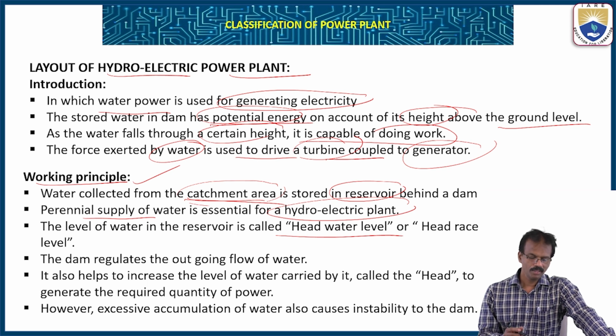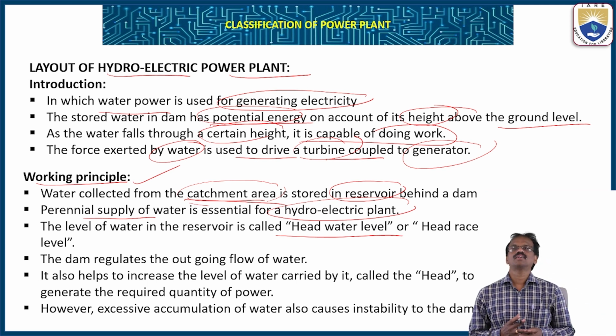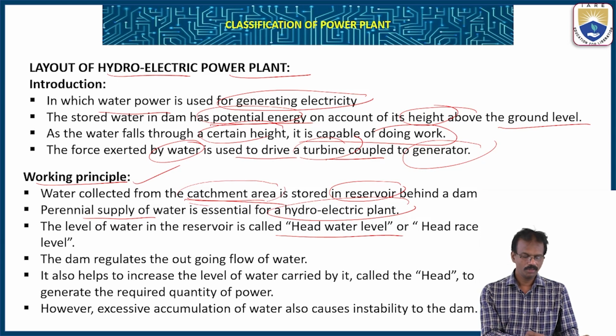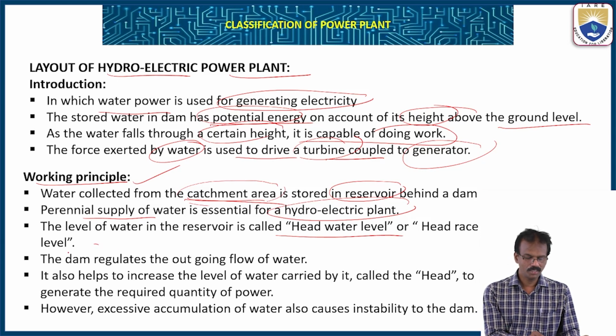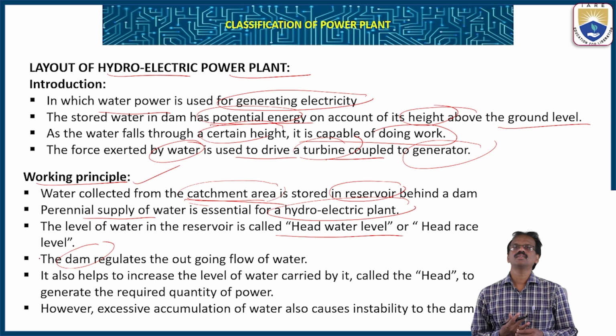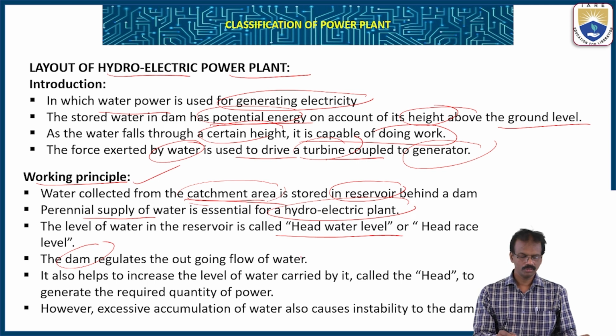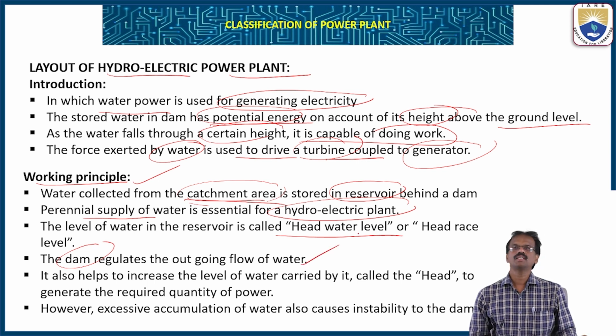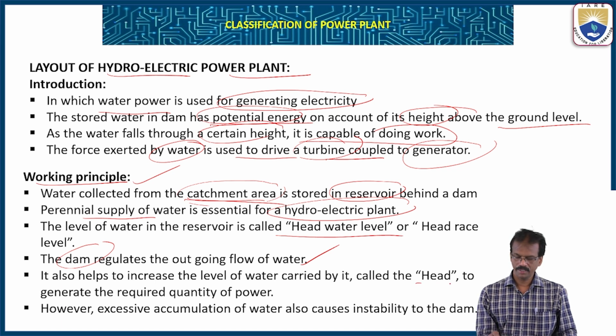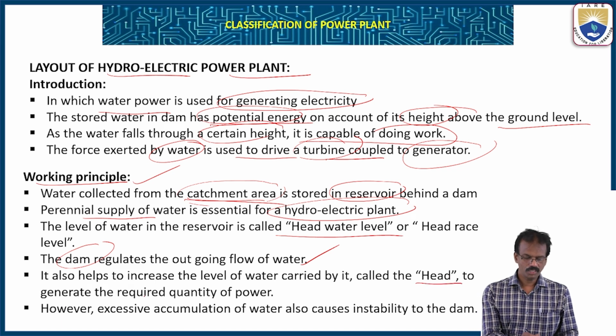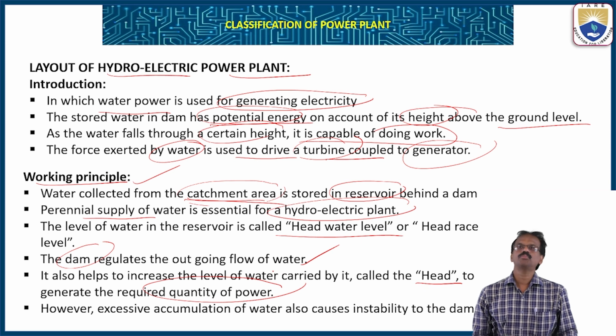We know this one. The dam regulates the outgoing flow of water. So the main function of the dam is to regulate the outgoing flow of water. It helps to increase the level of water carried by it, which is called the head, to generate the required quantity of power.